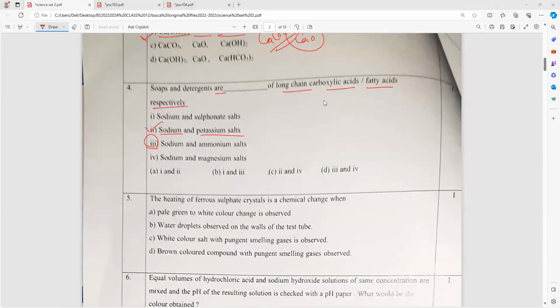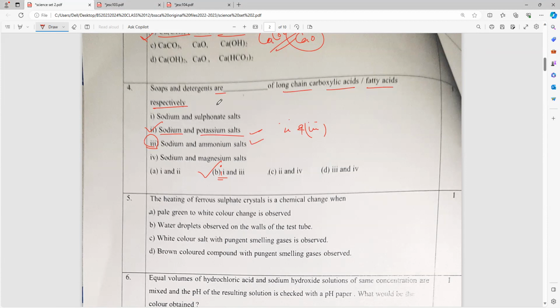So you modify it: soaps are sodium and potassium salts, so 2 and 3 is correct. You write it, or else you modify here. 2 and 3, so option B. Keep it, everybody. Soaps are sodium and potassium salts and detergents are sodium and ammonium salts of long chain carboxylic acids of fatty acids respectively.